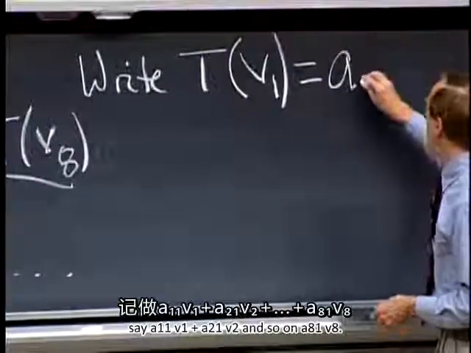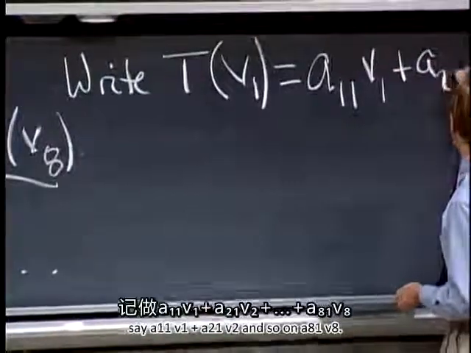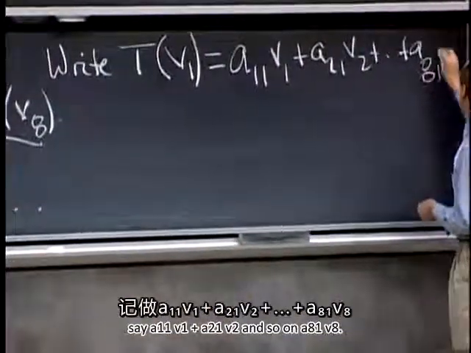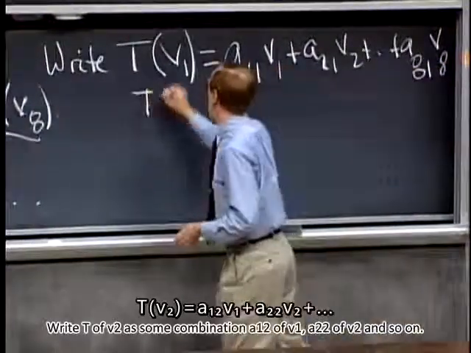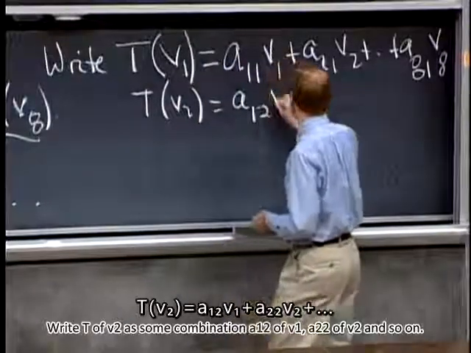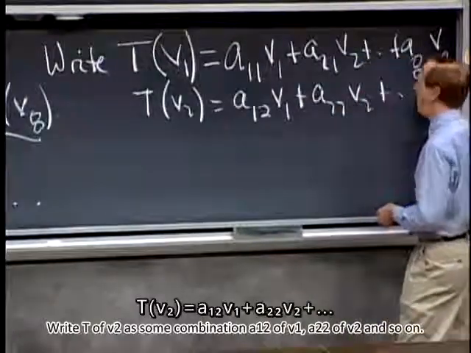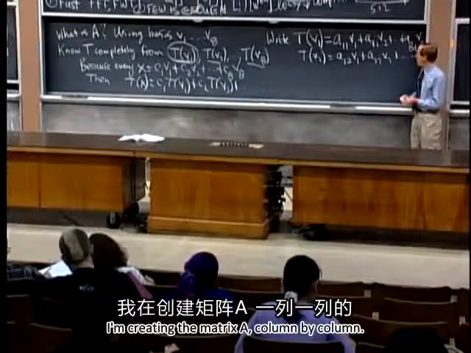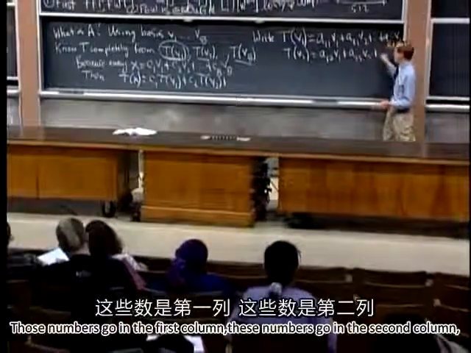Say A11 V1 plus A21 V2 and so on, A81 V8. Write T of V2 as some combination A12 of V1, A22 of V2, and so on. I'm creating the matrix A, column by column. Those numbers go in the first column. These numbers go in the second column.